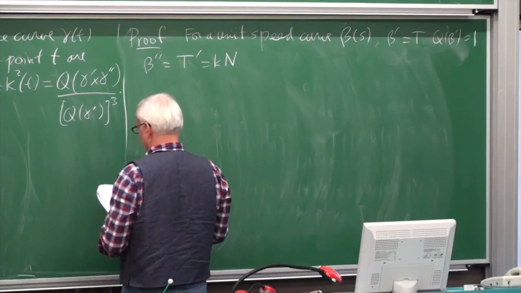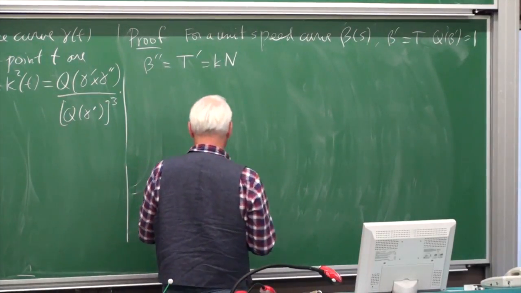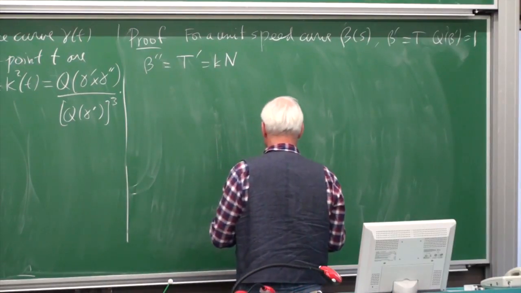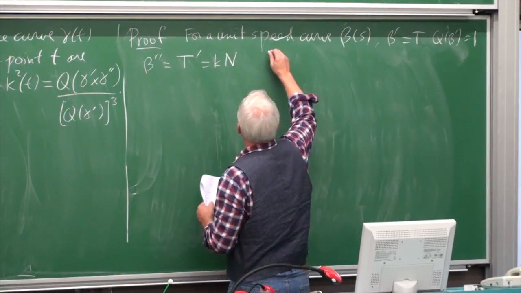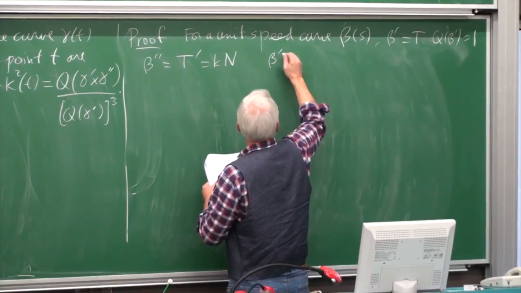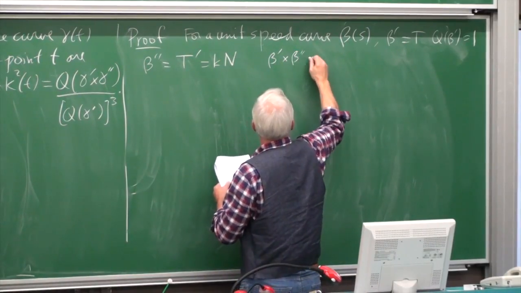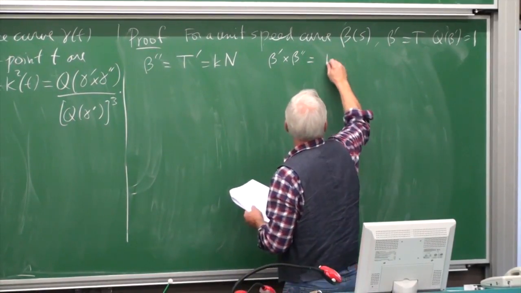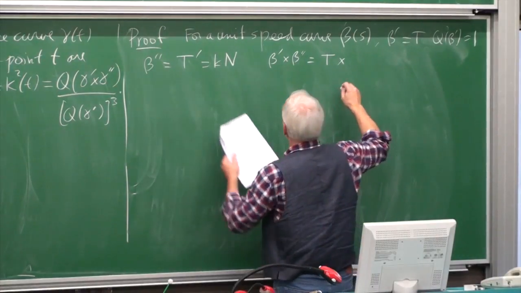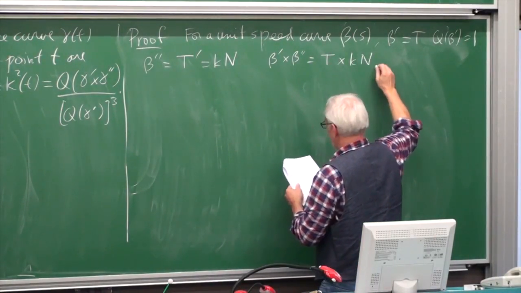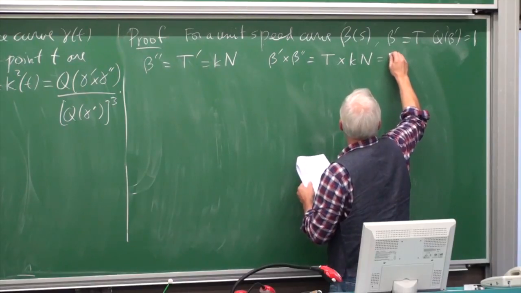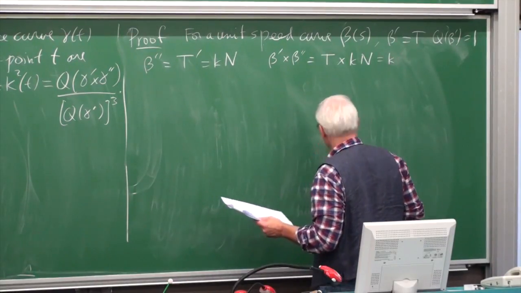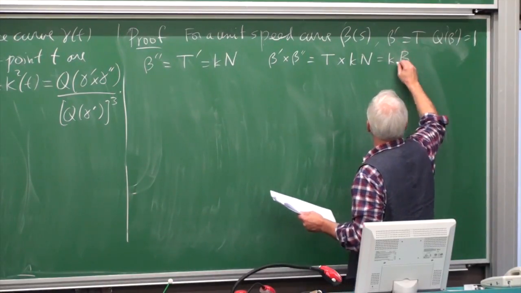And so let's have a look at this first formula for the curvature. If we look at beta prime cross beta double prime, well, beta prime is t, and beta double prime is k times n. So this is going to be just k times t cross n, which is b.